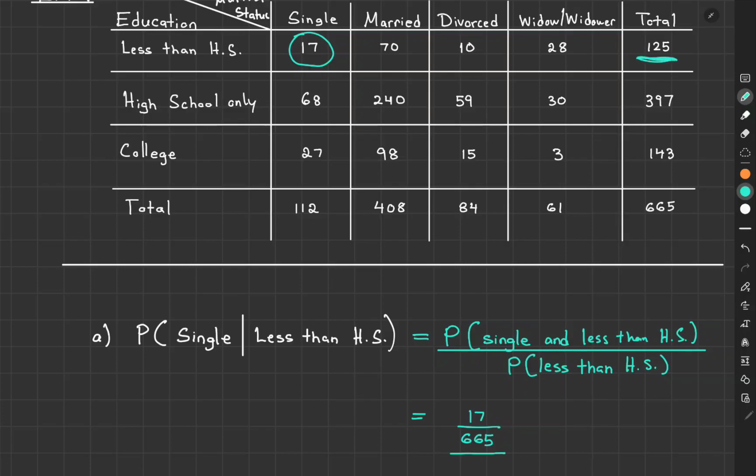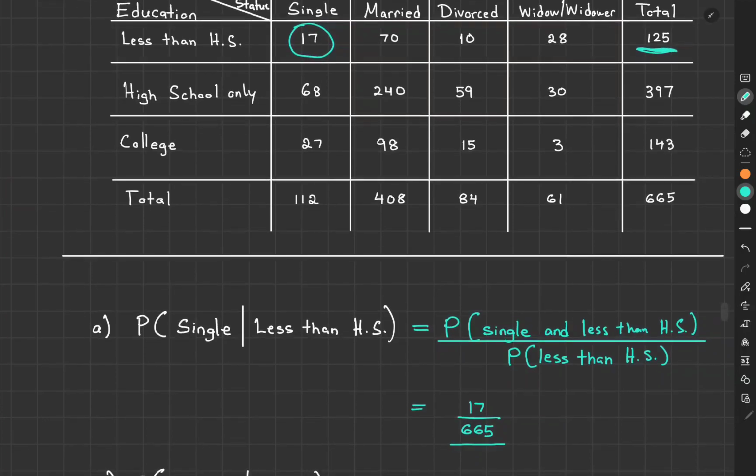So it's 125 people total out of 665. Now when you're dividing fractions, it's the same thing as multiplying by the reciprocal of the denominator. So this entire thing comes out to 17 over 125.